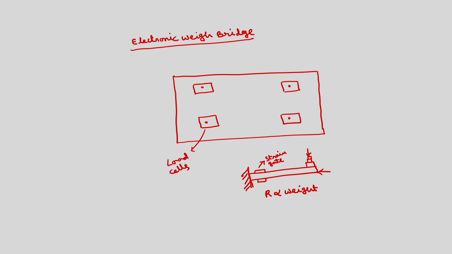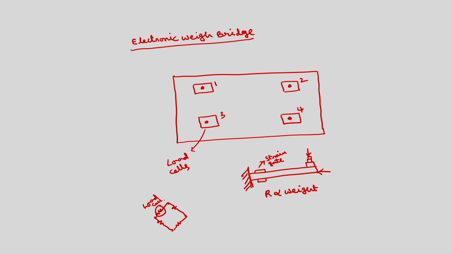Here we have 4 different load cells that will give 4 different changes. The basic circuitry here is that you have to connect these 4 in the 4 arms of a bridge. This is the load cell corresponding to 1; this is 1, 2, 3, 4.